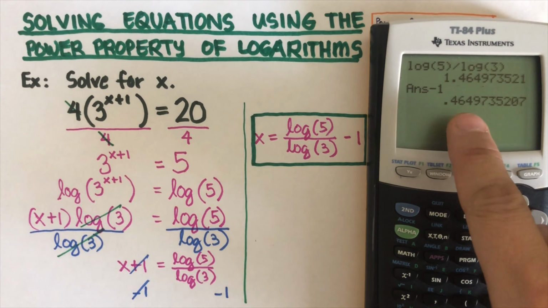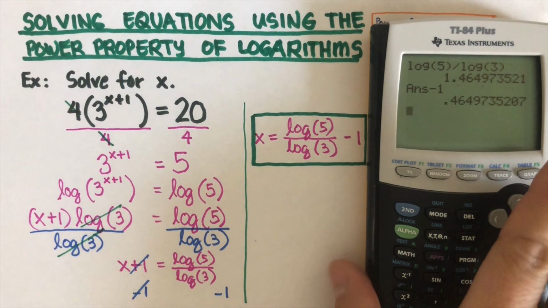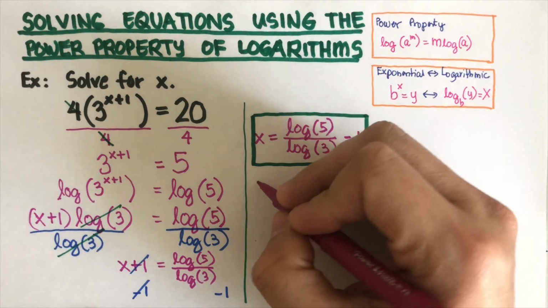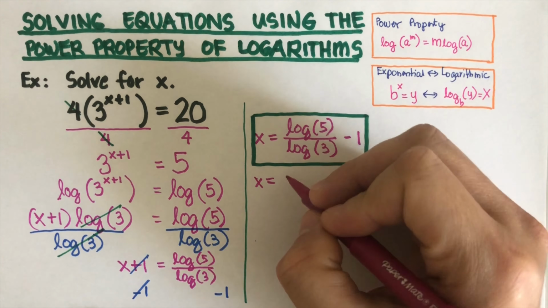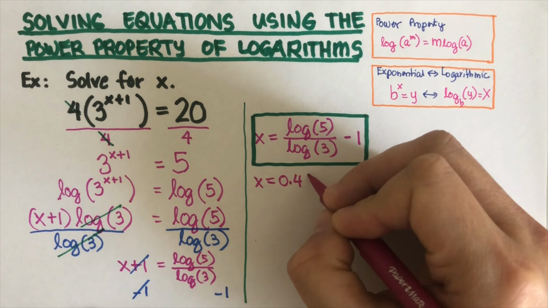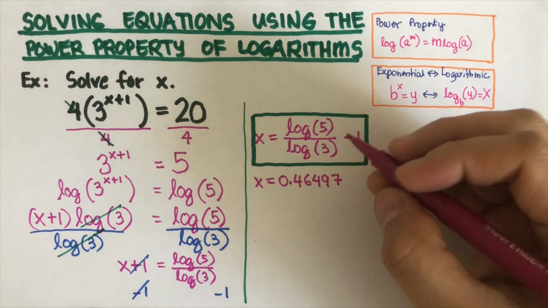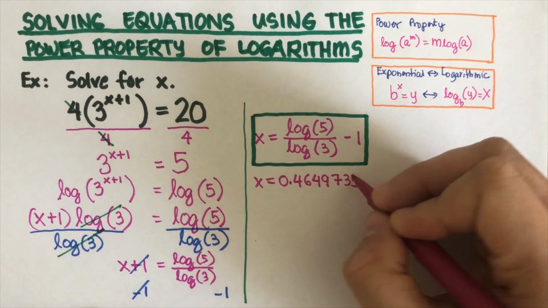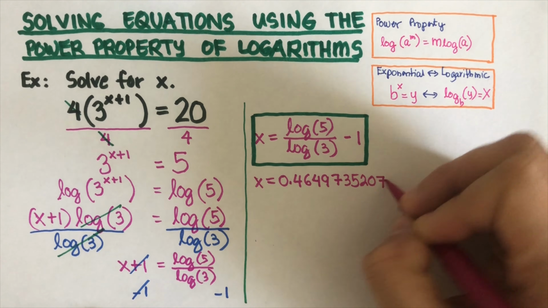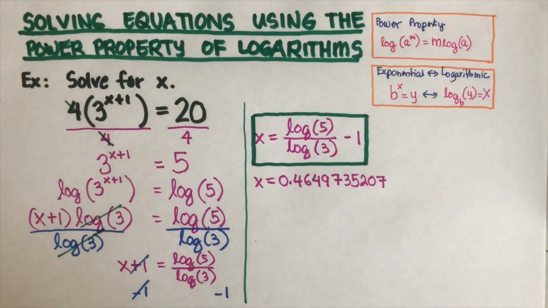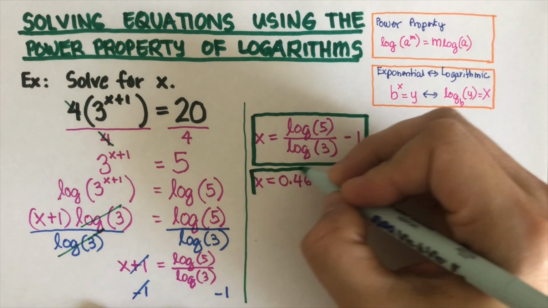And this is our x. I'm going to write that up here. So the decimal version for this is 0.4649735207.